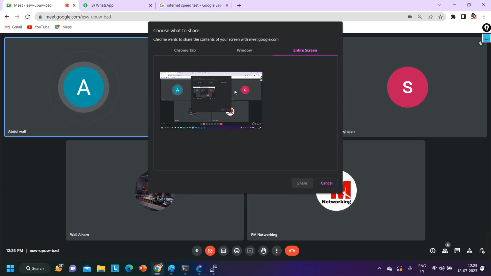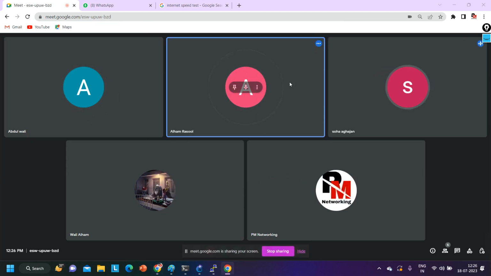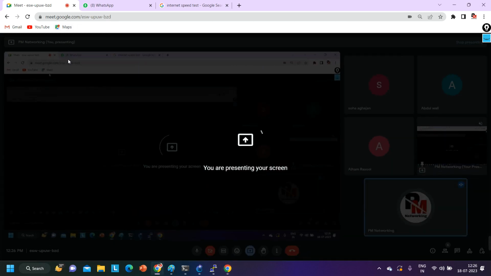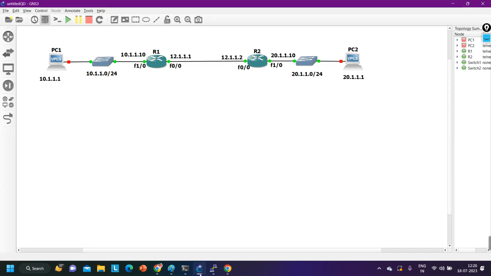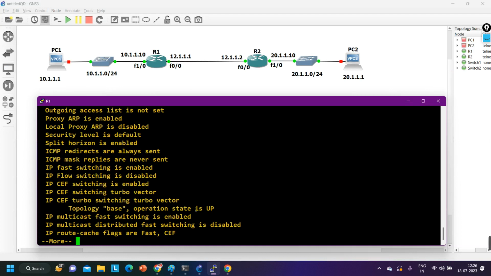Now is my screen visible? Yes. Can you go from the beginning, from the console? Yes. Can you type in something, please? Type exclude unassigned. Yes. Good.